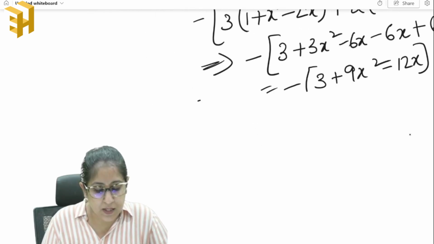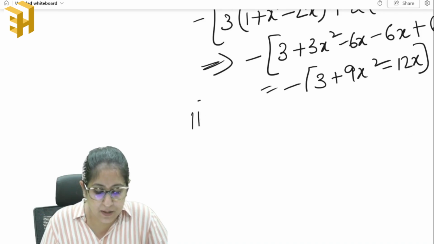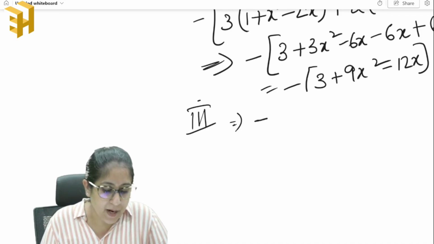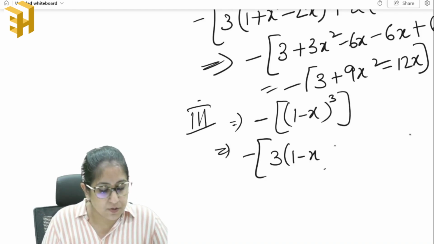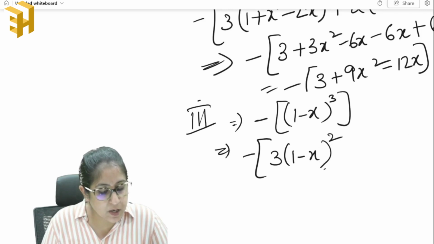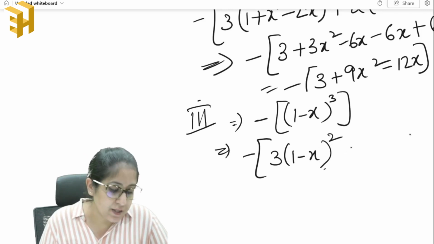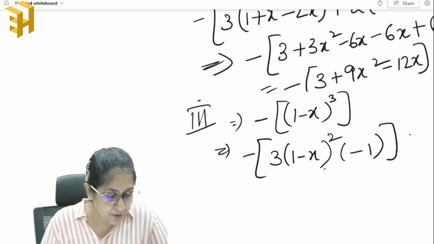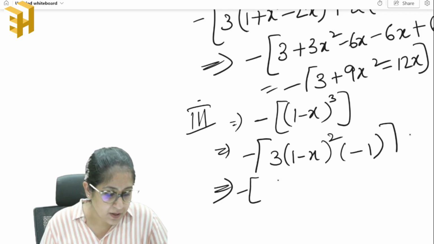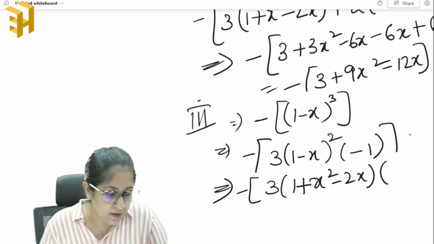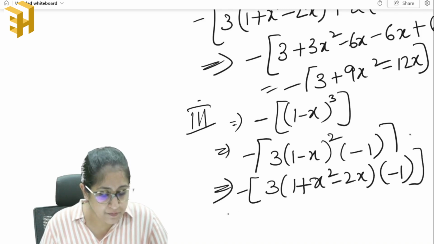Last, we have to calculate part 3, which is minus into 1 minus x the whole cube. Solving it, we get 3 into 1 minus x the whole square, right, into minus 1. Opening the brackets, we get 3 into 1 plus x square minus 2x, the whole multiplied by minus 1.